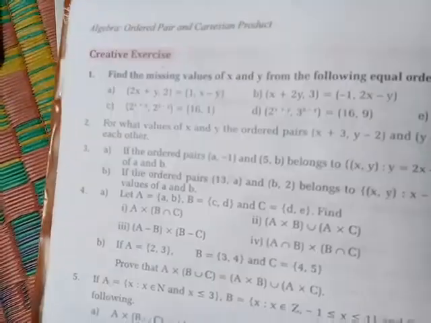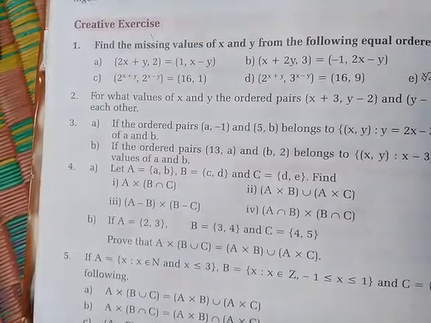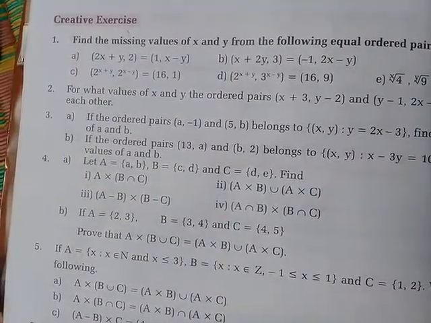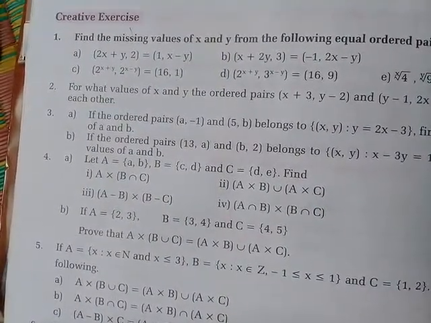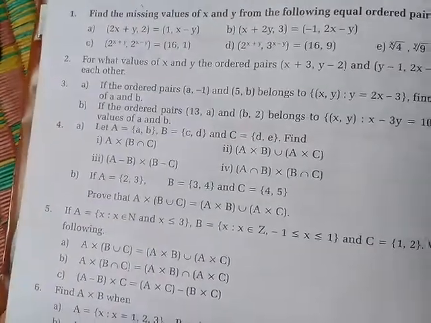Now again, find the missing values of x and y from the following equal ordered pairs. It is also very easy. Make the corresponding components equal, and we can easily find the algebraic equations.